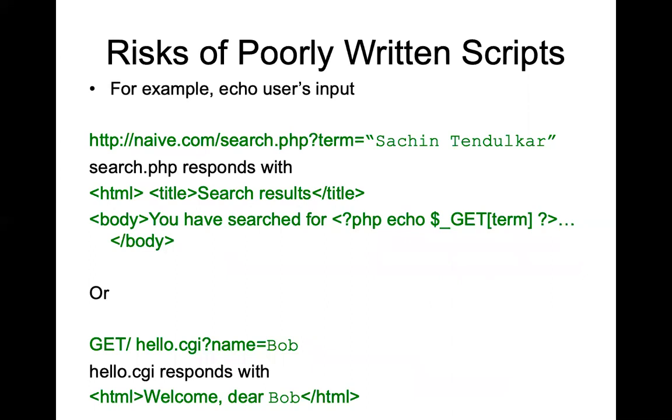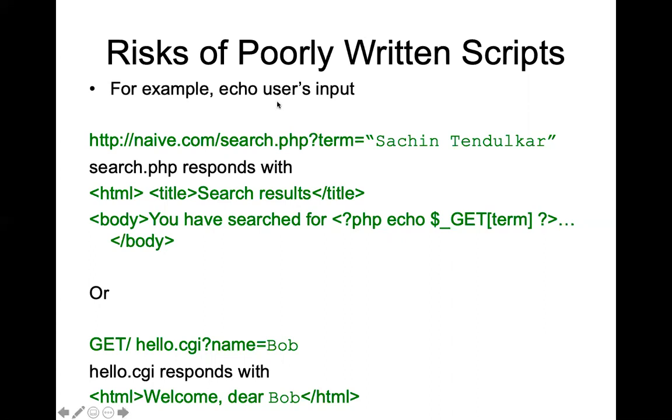So what can happen if you have poorly written scripts? Let us look at the very first example of a very major attack that can happen via the JavaScript security model, and these are cross-site scripting attacks. Let us consider that we have a web server.